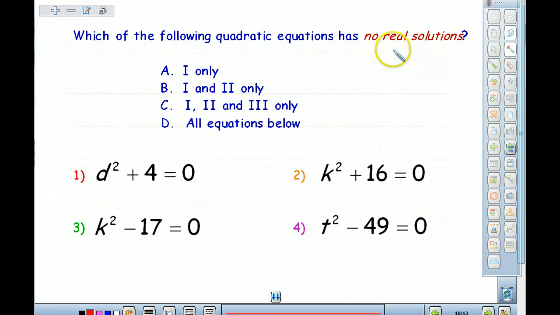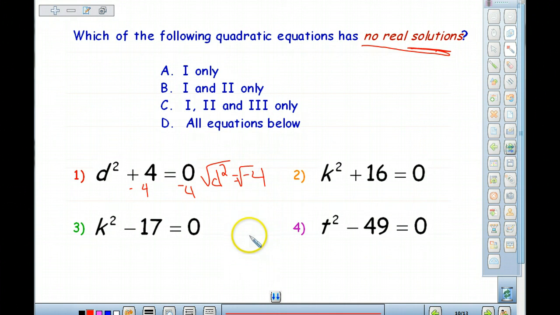All right, they want to know which ones have no real solutions. Well, let's check it out. If I solve this, subtracting 4, we get d squared equals negative 4. Can I take the square root of a negative? Nope. So that's 1. If I add 17, we get k squared equals 17. I can take the square root of that, so that's okay. So that one has solutions.